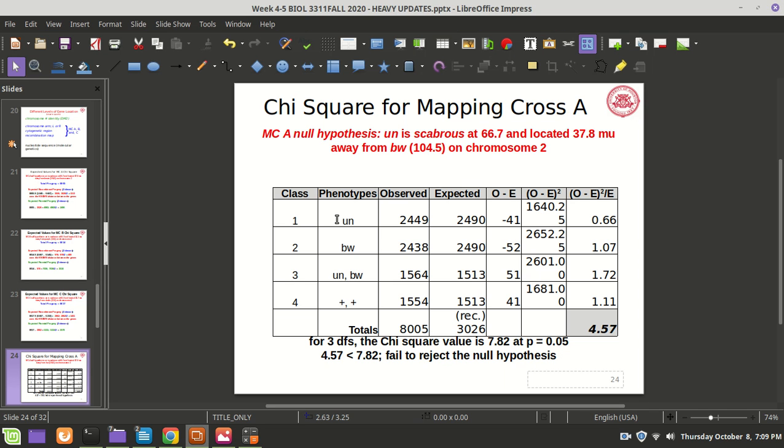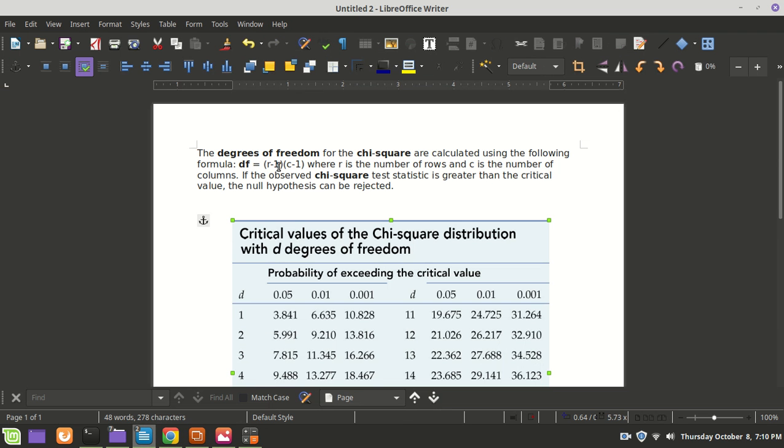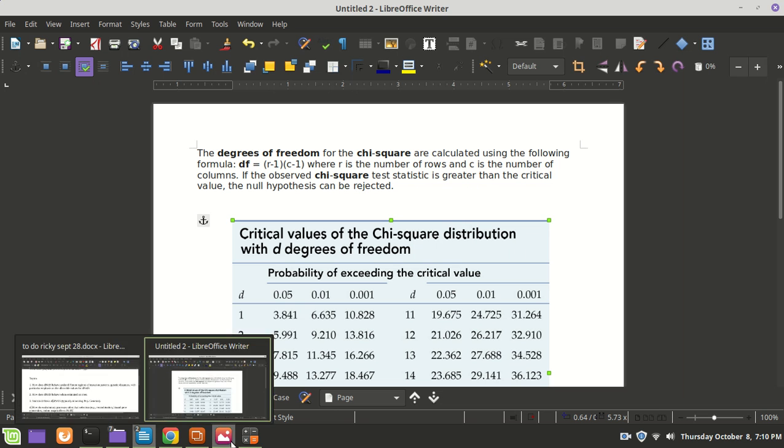So we're going to have 1, 2, 3, 4 rows and 2 columns. If you calculate that using our little formula, one is 4 and the other one is 2, that is 4 minus 1 is 3 times 2 minus 1 is 1. So it's 3 times 1, and so the degrees of freedom are 3.